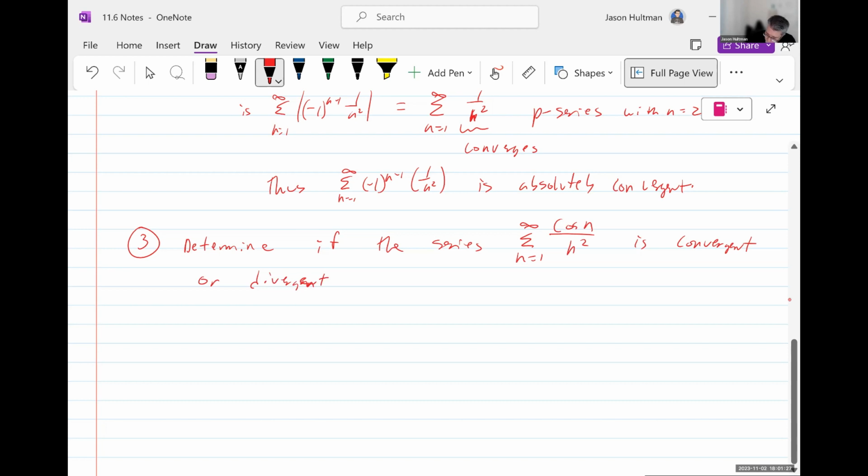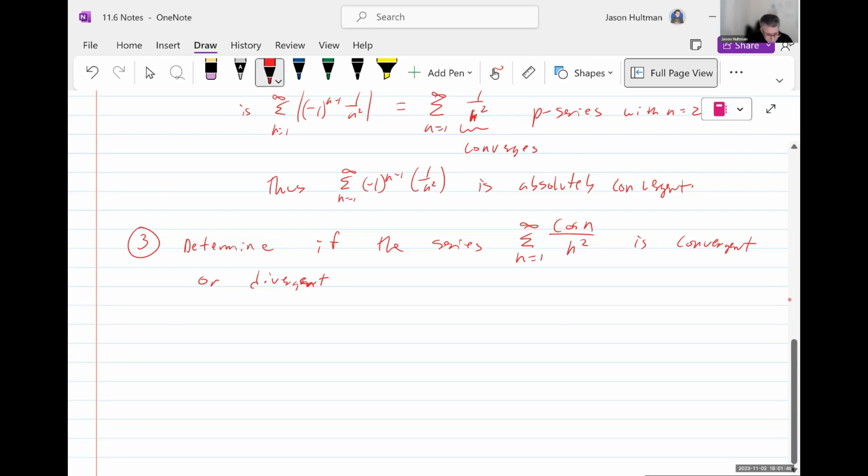You might be thinking, well, this thing doesn't alternate, but it kind of does. With that cosine n, cosine will bounce between 1 and -1, right? And all the values in between.